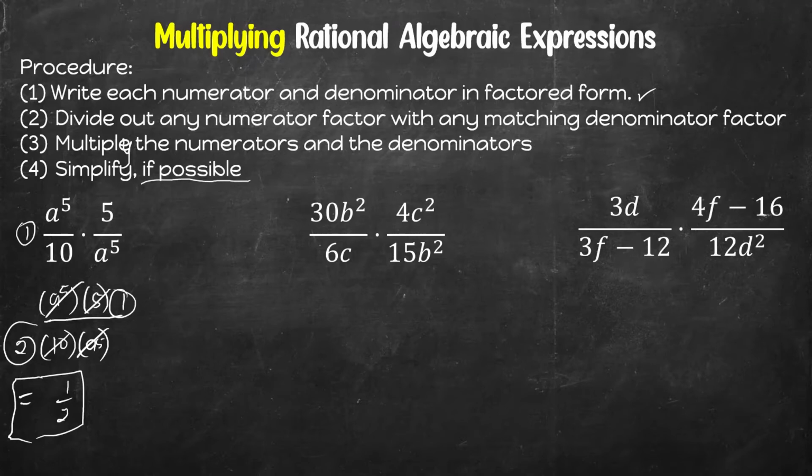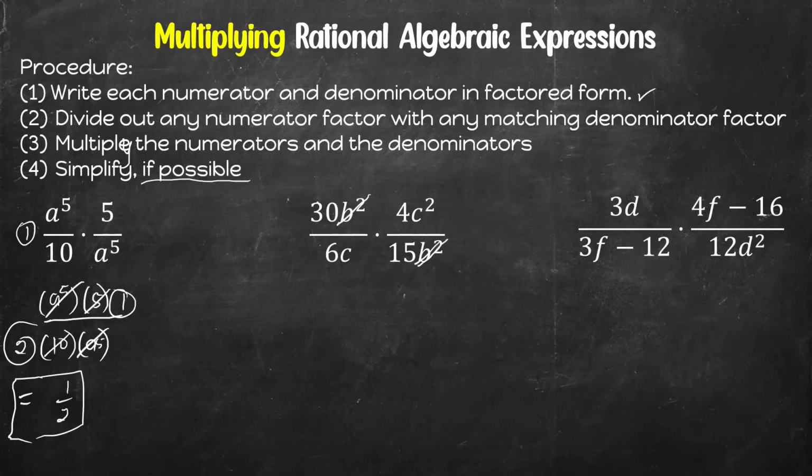Okay, next example, we have 30b squared over 6c times 4c squared over 15b squared. Sabi ko nga sa inyo, cancel na natin agad lahat ng possible. So, si b squared, pwede na natin i-cancel dito. So, wala na yan.